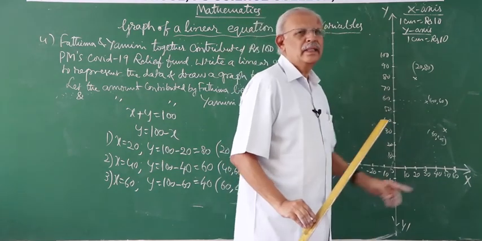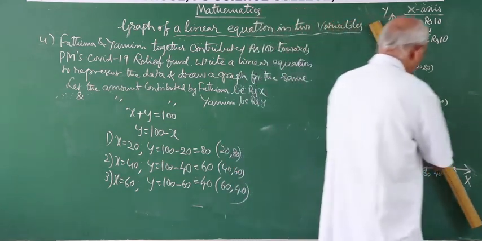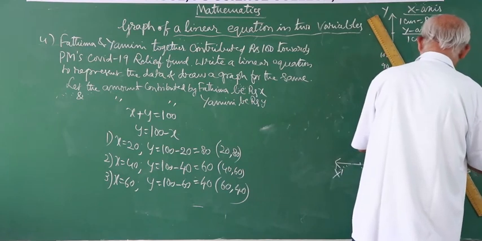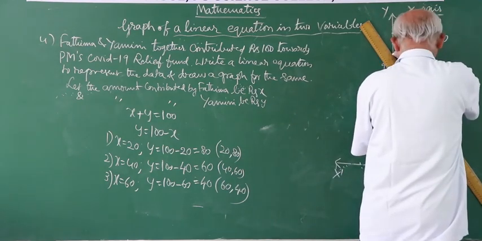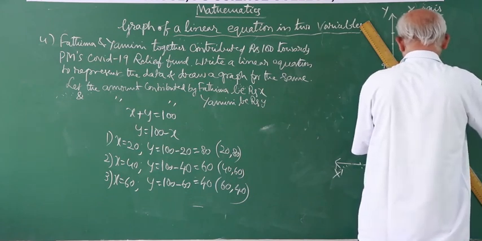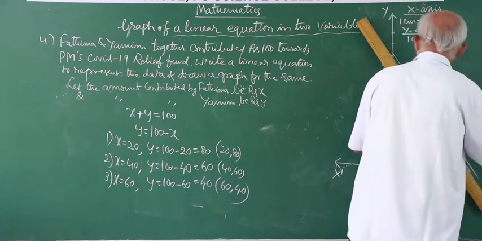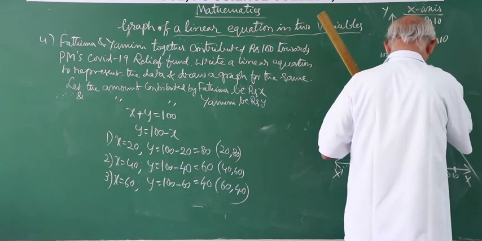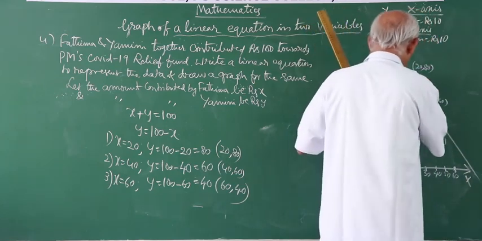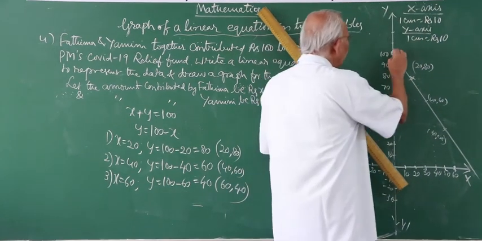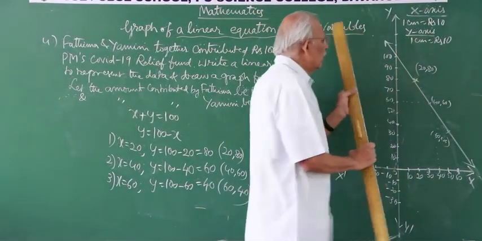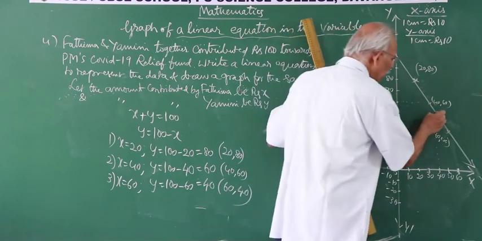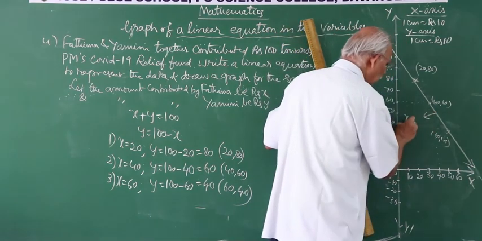Now look here, join these 3 points. Look here. Now this line represents x plus y equals 100.